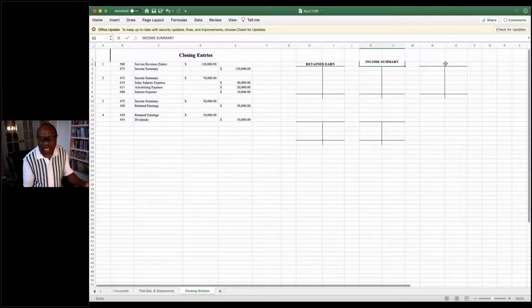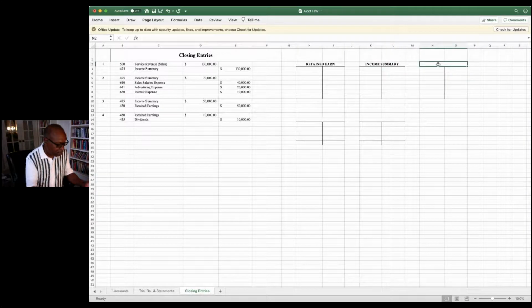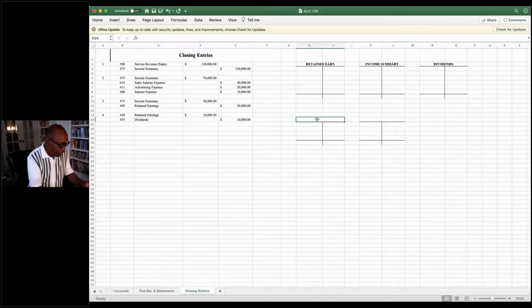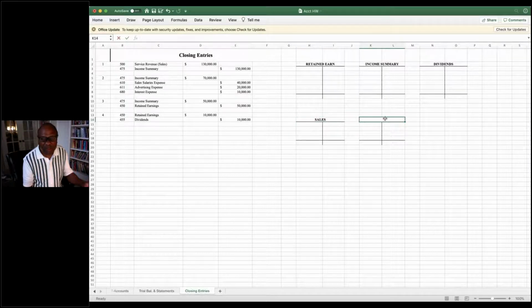And then we have dividends here. Sales here. And we would have salaries.